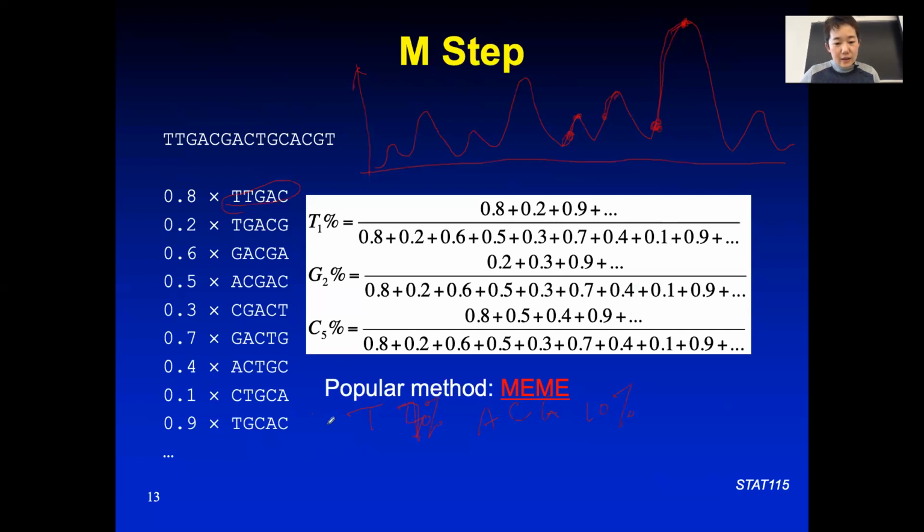And the second position, the T is 70%, ACG is 10%. And the third position, because it's a G, I'm going to give the G 70%, each remaining one 10%. So you can use each of the words in your input sequence to create the initial probability matrix.